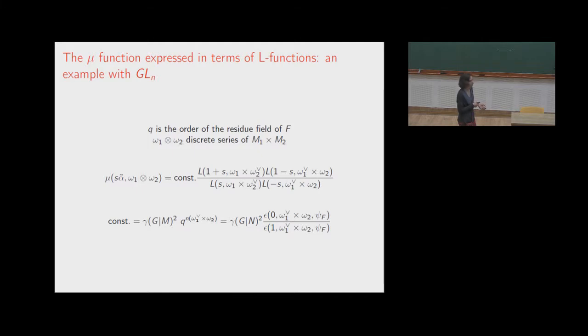So s alpha tilde is this element in a positive Weyl chamber, AM, in this context, if M is M1 times M2. And this is just a discrete series of this maximal Levi. So up to this constant, which is given by this ratio of epsilon factors and some gamma factors, this is just a ratio of L functions.